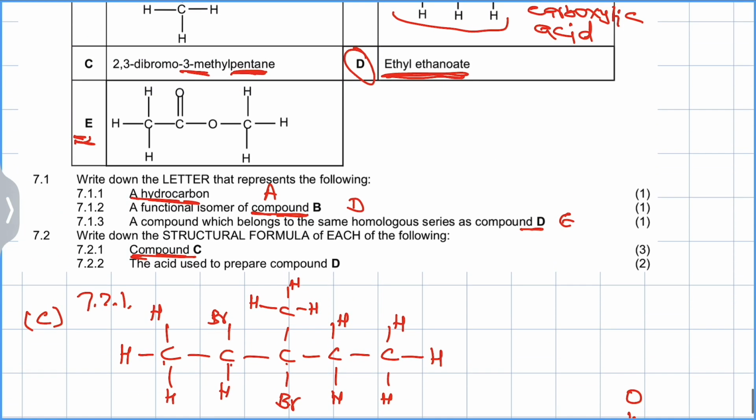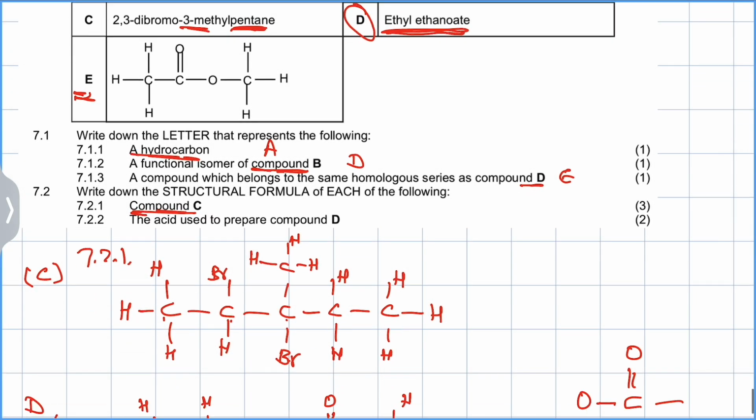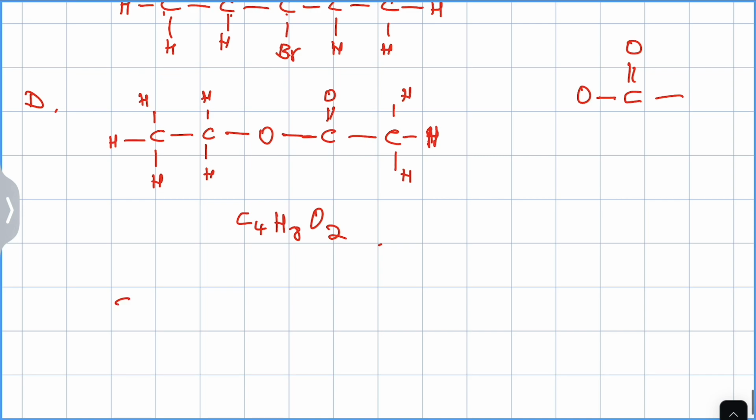Then the next question, we have to draw a structural formula for the acid that is used to prepare compound D, which means the carboxylic acid that is used to prepare ethyl ethanoate. And we know that ethyl ethanoate is made up of what?